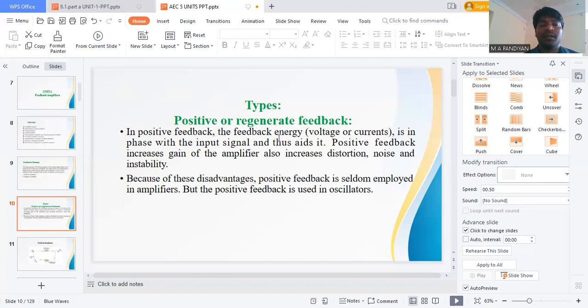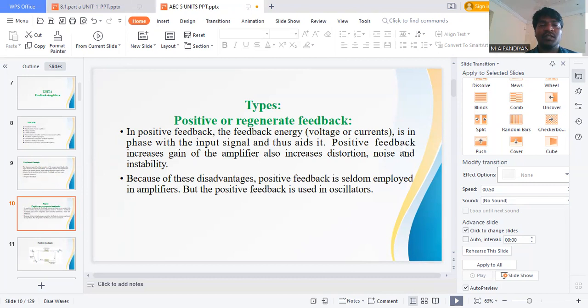So the input signal and the feedback signal are both in phase, which means the same direction.